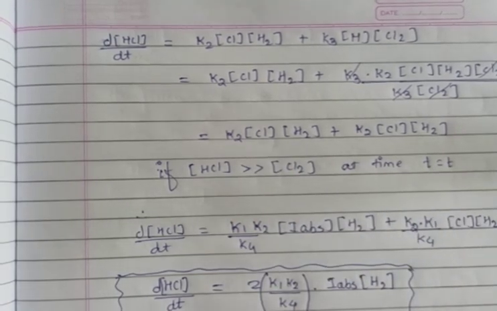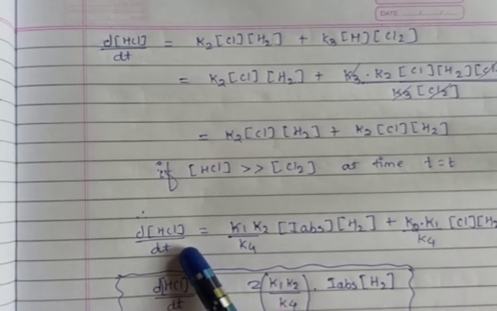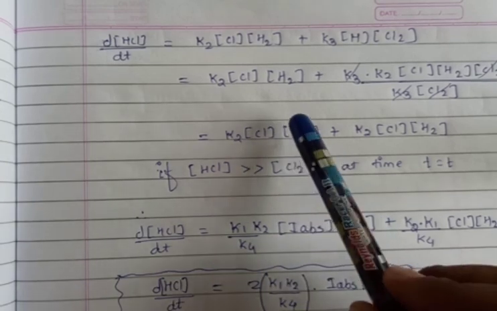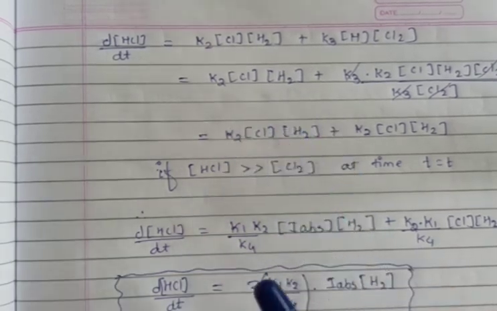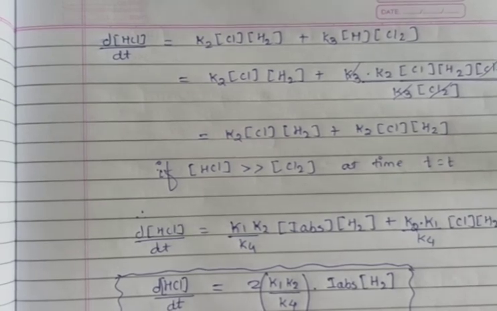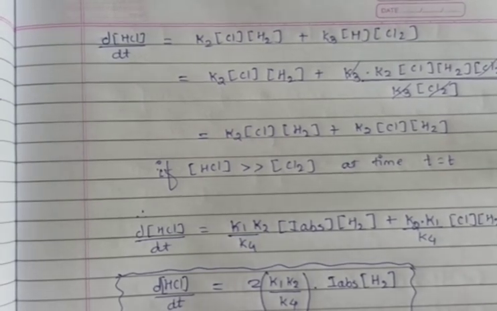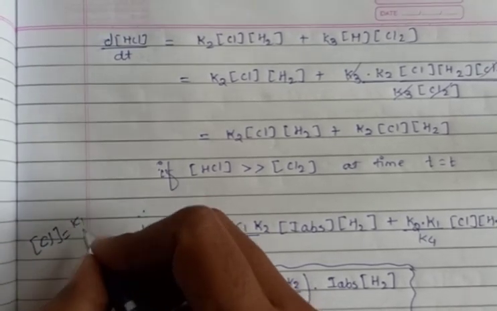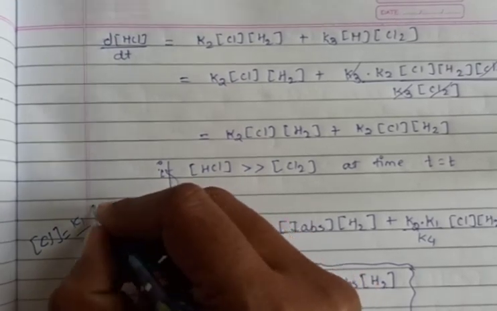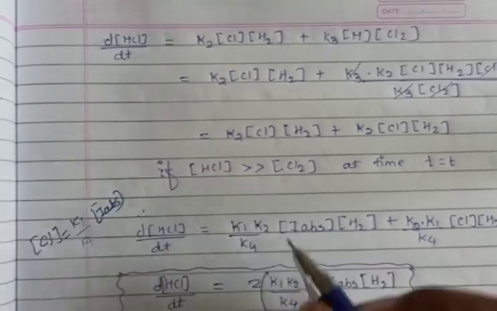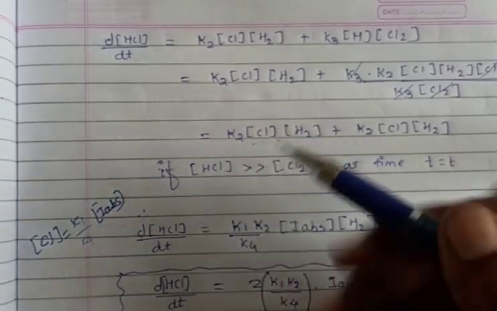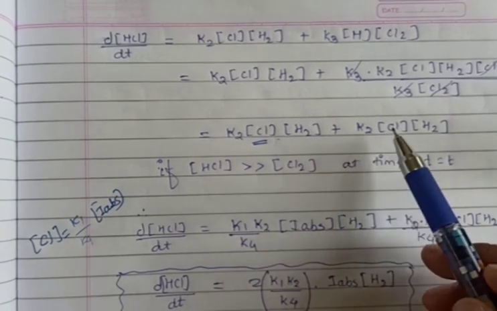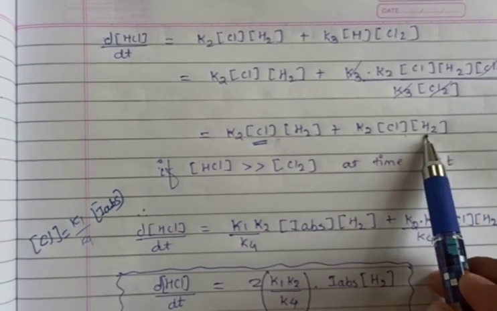Therefore, d[HCl] divided by dt is equal to, just put the value of Cl which we have calculated, concentration of Cl is equal to K1 by K4 into I absorbed. Just put this value here: K2 into concentration of Cl into concentration of H2 plus K2 into concentration of Cl into concentration of H2.